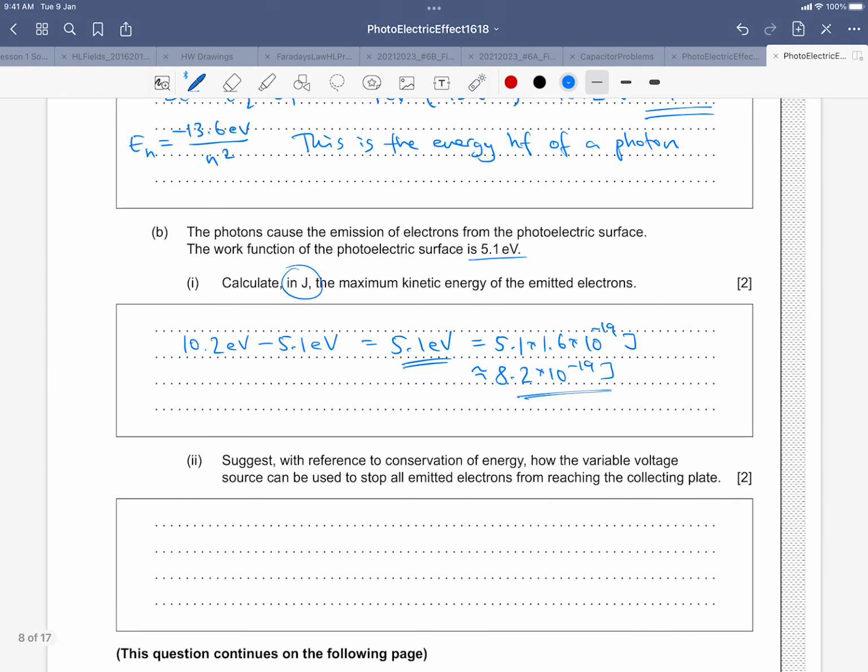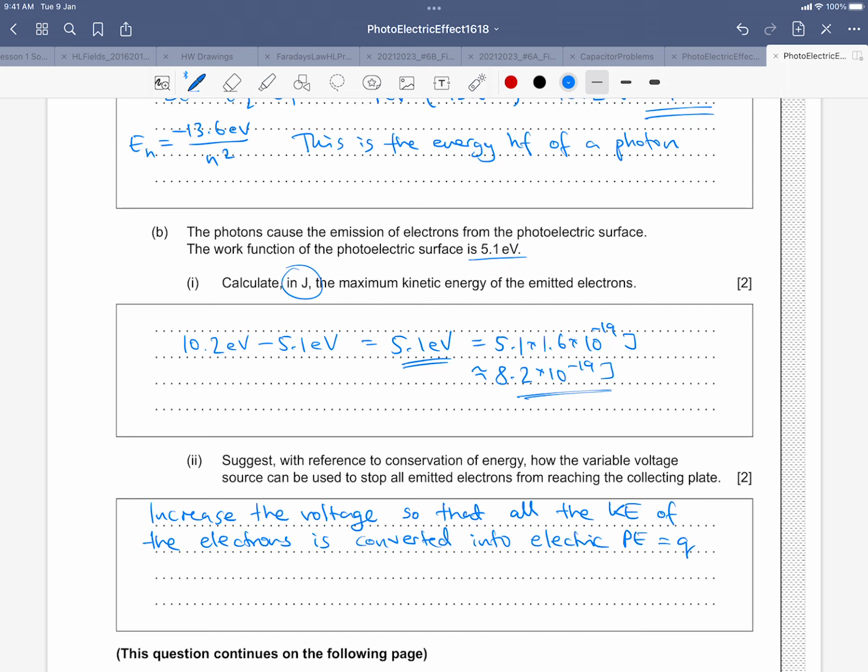And so what do we do there? We write, yeah, so we just increase the voltage so that all the kinetic energy of the electrons is converted into electric potential energy, QV.